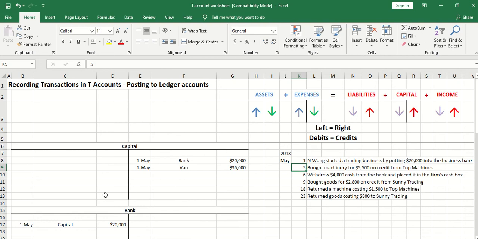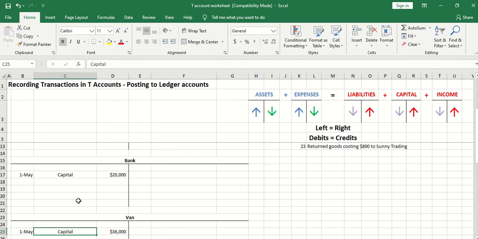Let's try a couple more examples. 5th of May, bought machinery for $5,500 on credit from Top Machines. So if I buy a machine, it is an asset. Therefore, I am increasing my asset, so I have to put an entry on the left-hand side if I want to increase my assets.